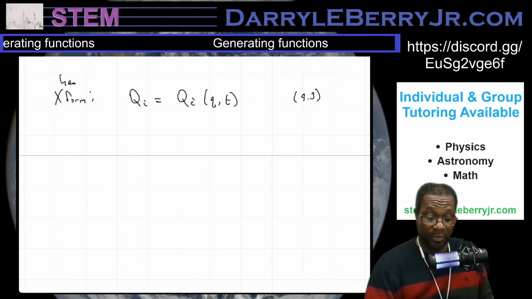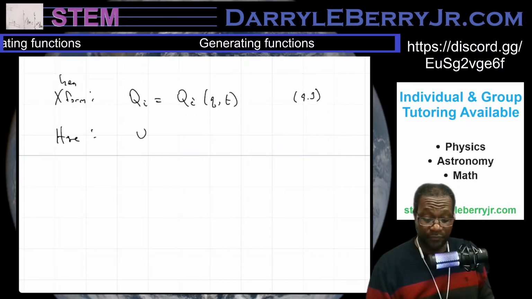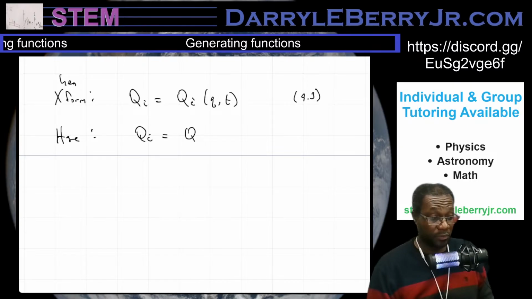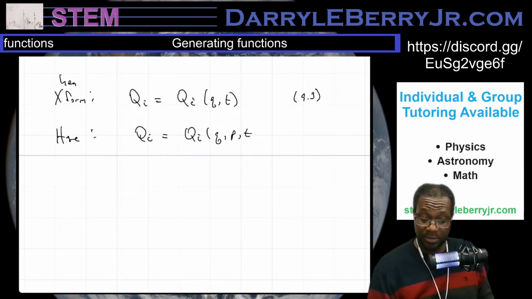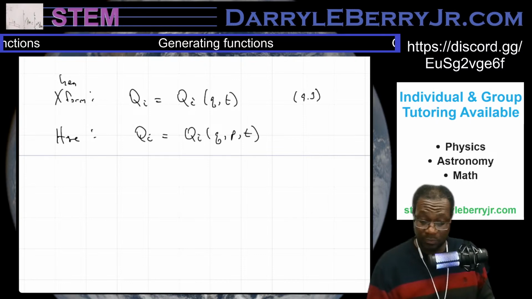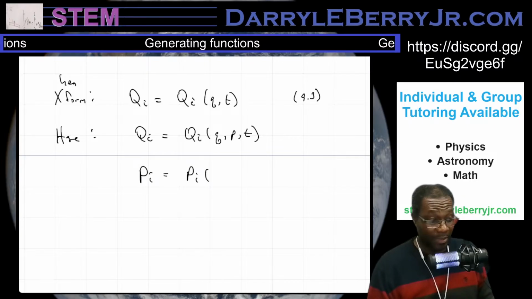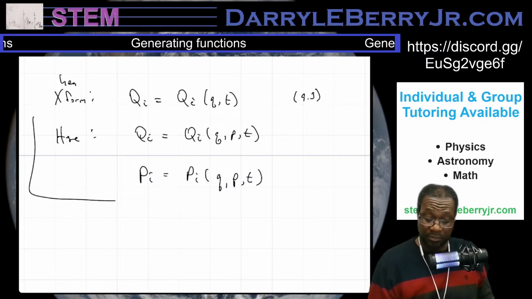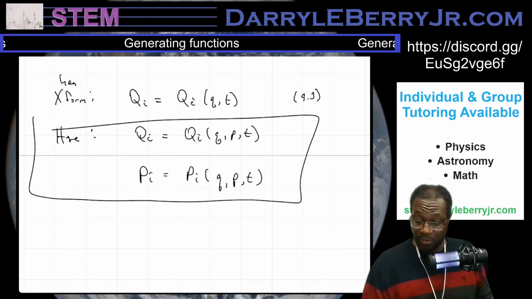So this is the general form. Here we have Q_i equals Q_i(q, p, t). See, so the momenta are added in there. And P_i equals P_i(q, p, t). And this is 9.4.